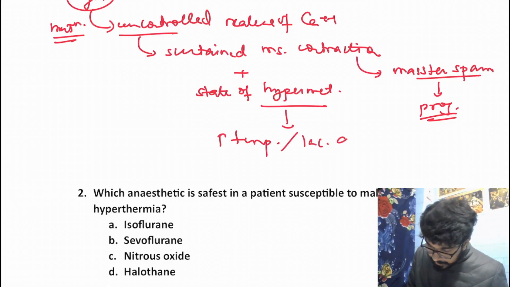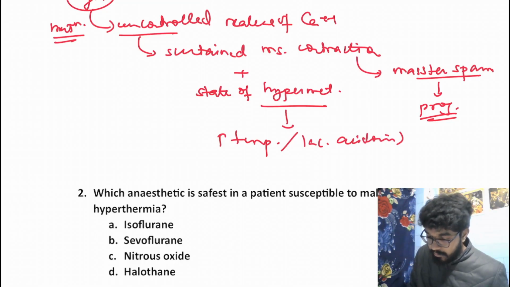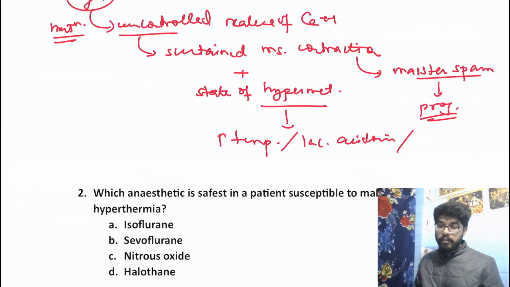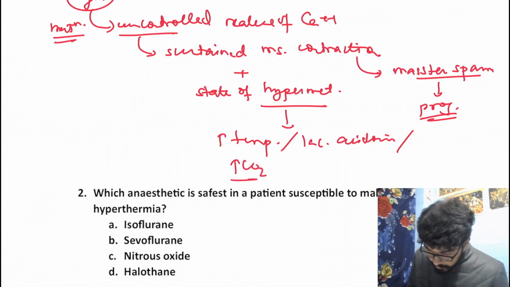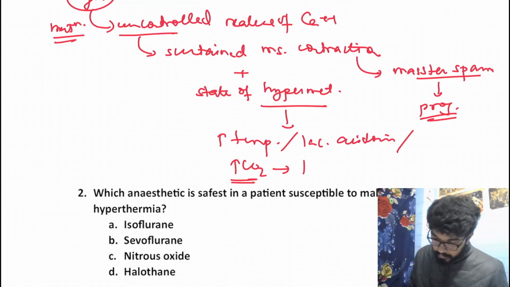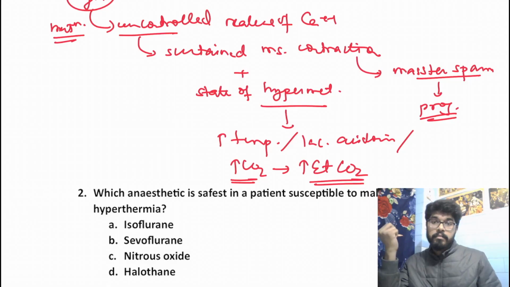Then we have lactic acidosis. Due to the sustained muscle contraction, the muscles are utilizing oxygen and finally resorting to the anaerobic pathway, leading to production of lactate. Then we also get increased carbon dioxide production, which is seen as increase in EtCO2 or end-tidal CO2.